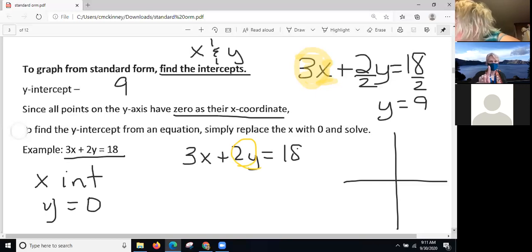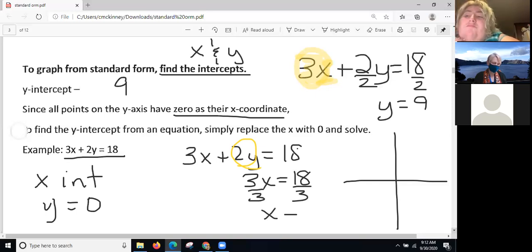In person, I usually cover that up, like it's gone. Then I just focus on the rest that says 3x equals 18 and divide by 3. So the x-intercept is 6, 1, 2, 3, 4, 5, 6. The y-intercept was 9.